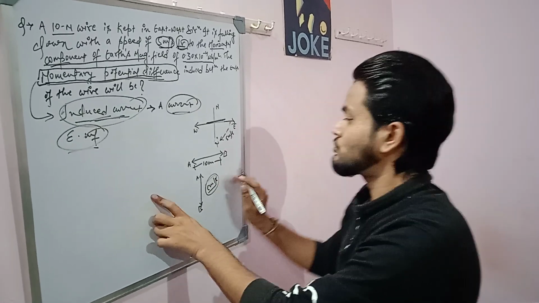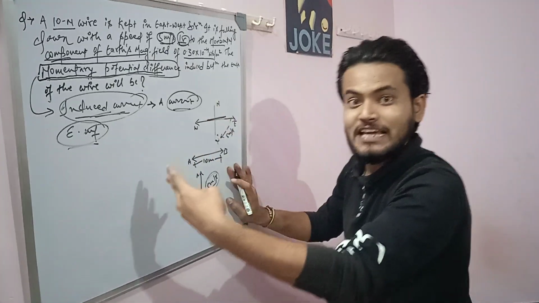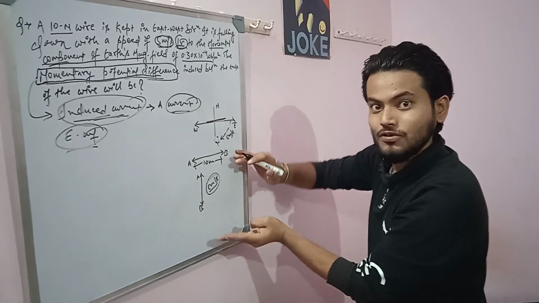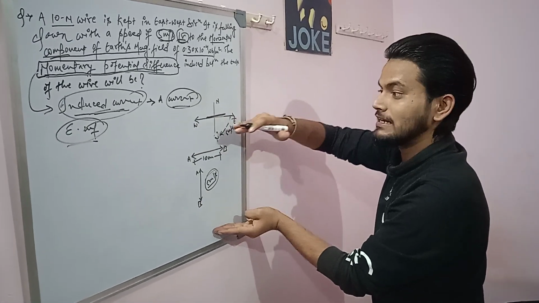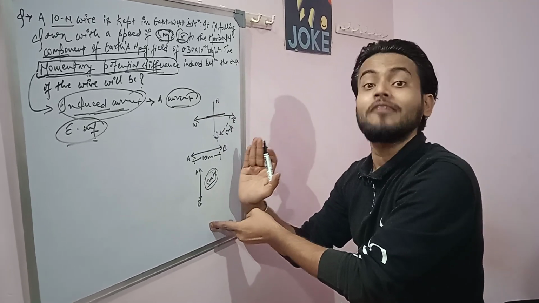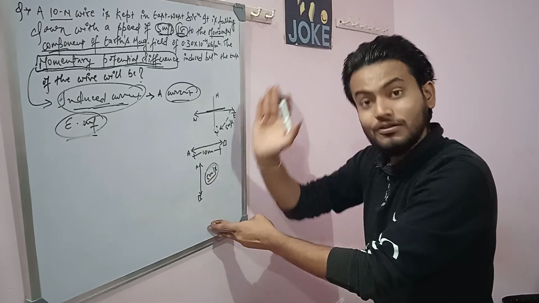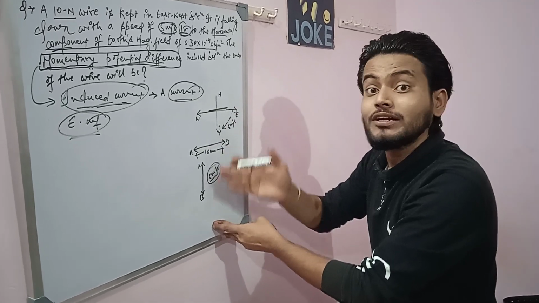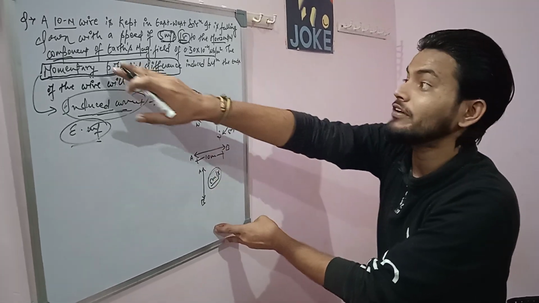The same 10-meter wire, which was in the east-west direction, now comes down with a speed of 5 meter per second in the vertical direction.